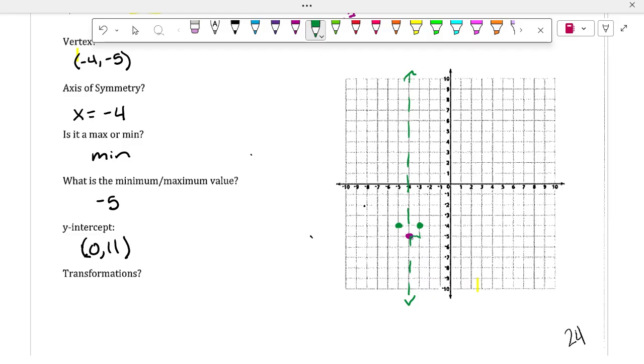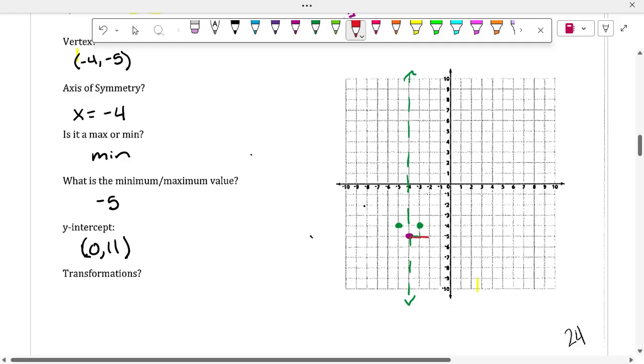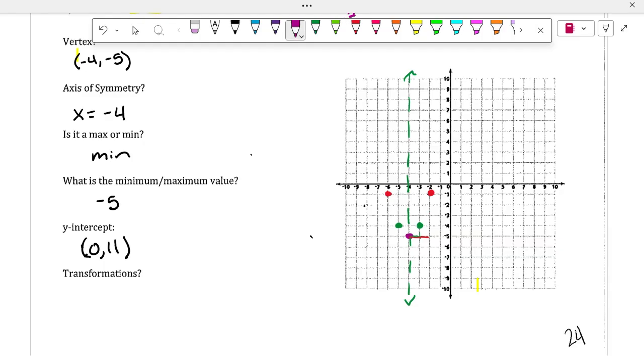Now, let's say I go 2 out from the vertex. So my run is 2 out from the vertex. So that means my rise will be what? 4. So I'm going to go up 1, 2, 3, 4. And then on the other side, find its reflection buddy. One more.